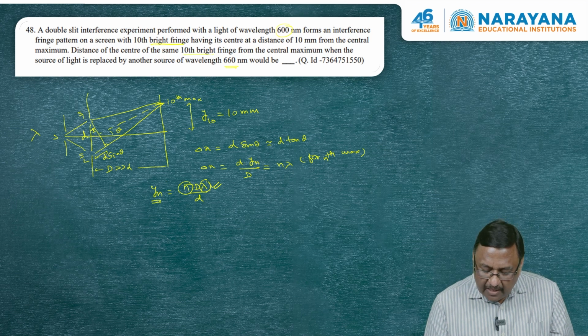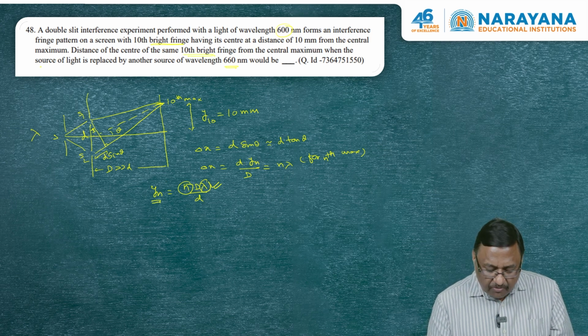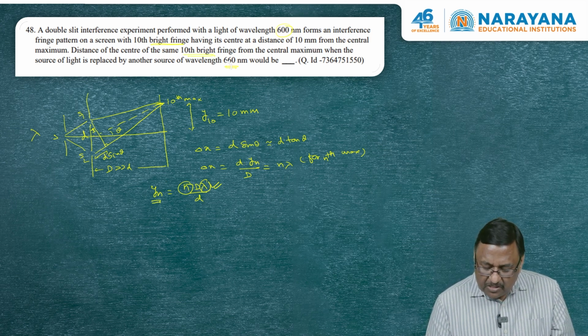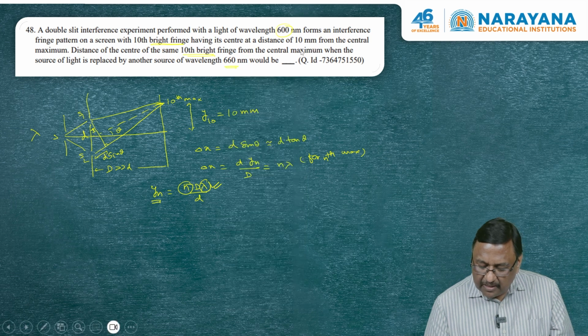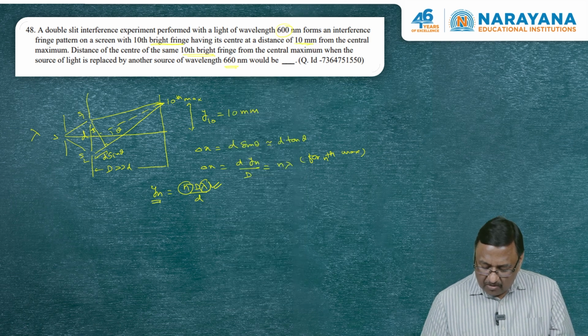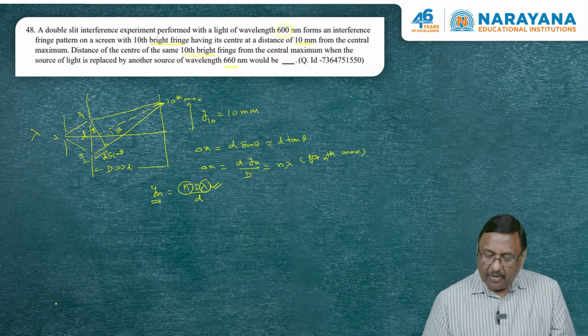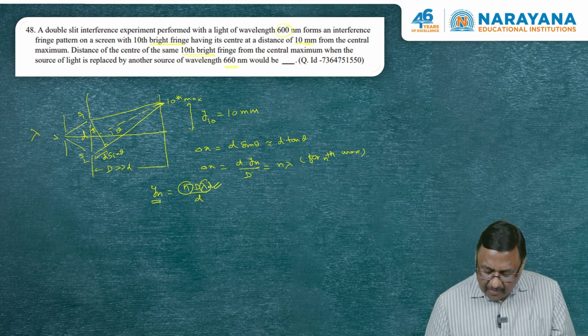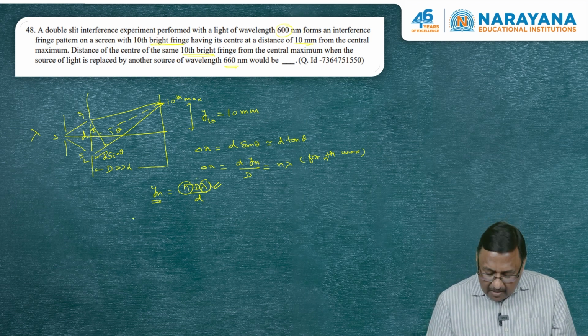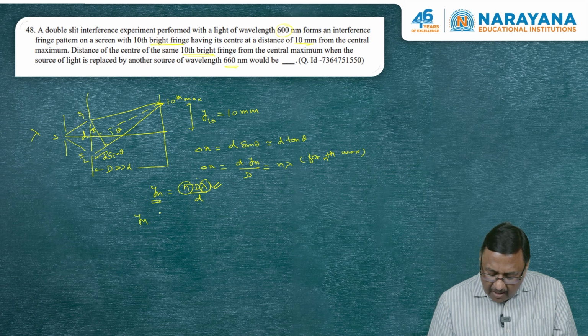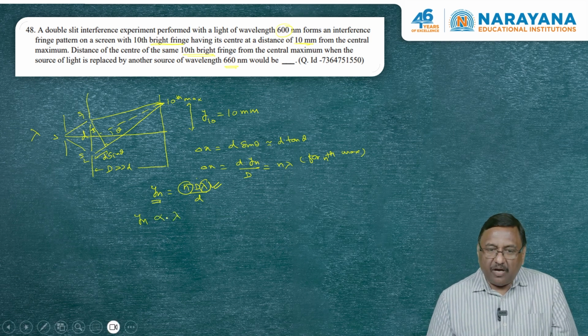He is saying 10th bright fringe for this wavelength, and this is also the 10th bright fringe for the other. So I don't want to change my n. N is the same, lambda is going to be different here. Capital D and small d I keep the same. That means yn is proportional to lambda.